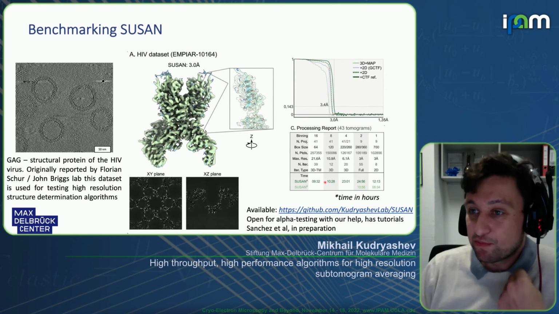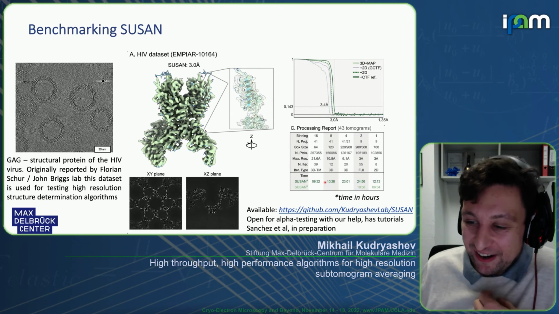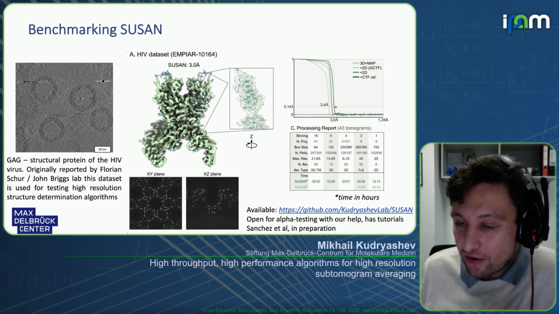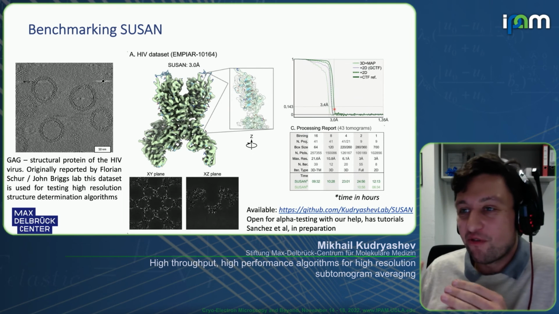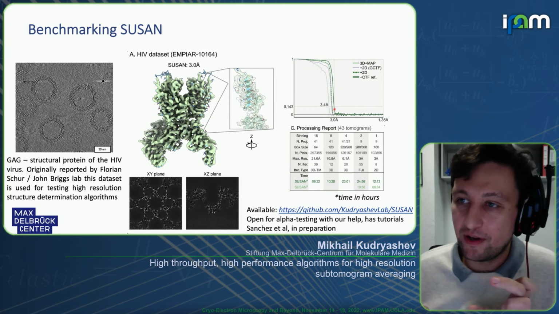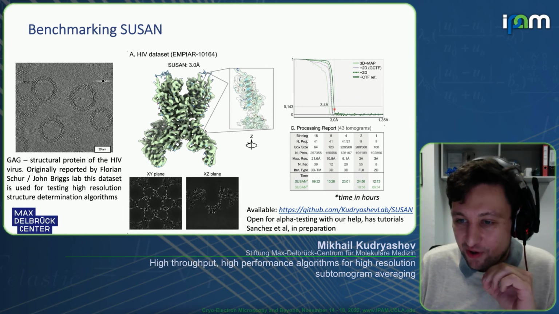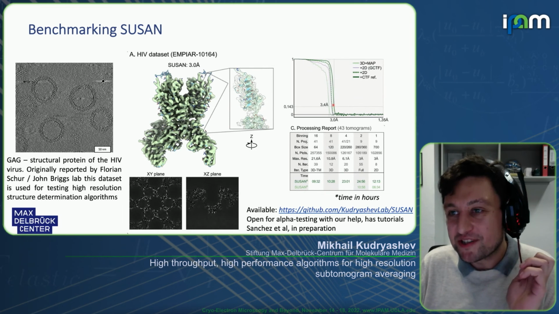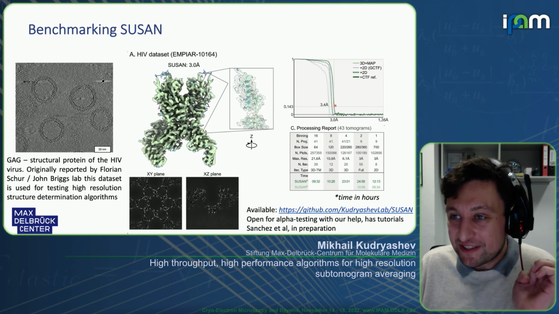But it was processed in a significantly short time, and here we see that it almost went over the Nyquist. So the data was in super resolution mode, and we actually managed to run several iterations with the super resolution pixel.